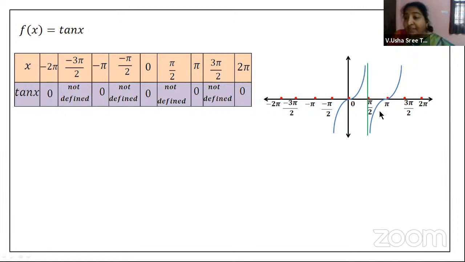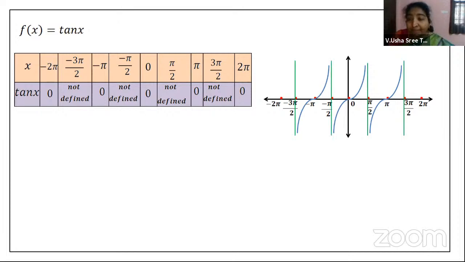The reason is the value of the function at 90 degrees is not defined. So wherever you are getting an undefined value, I am trying to show that with a line, so that you will understand that at that particular line, the green line which you are able to see, the function is taking an undefined value.